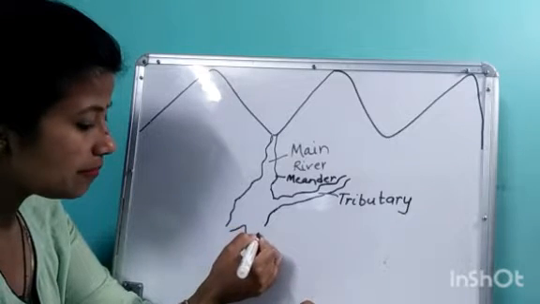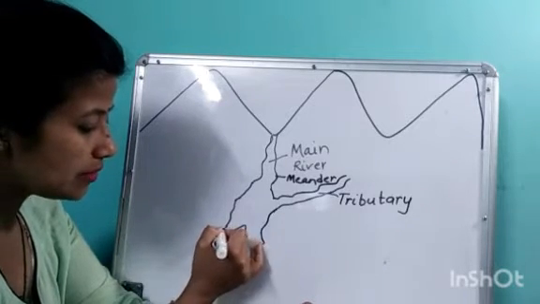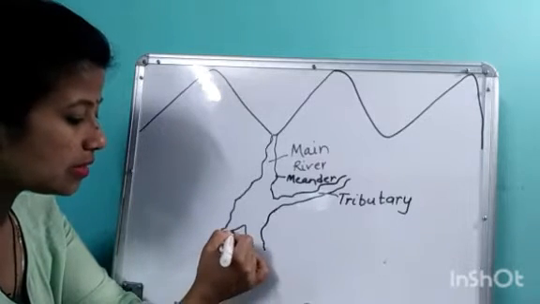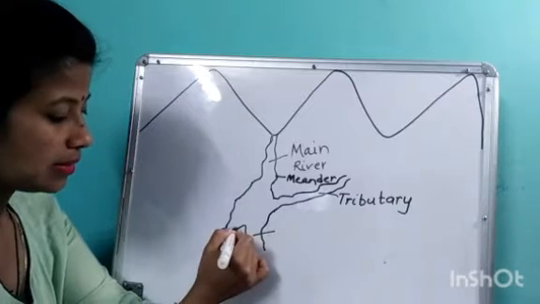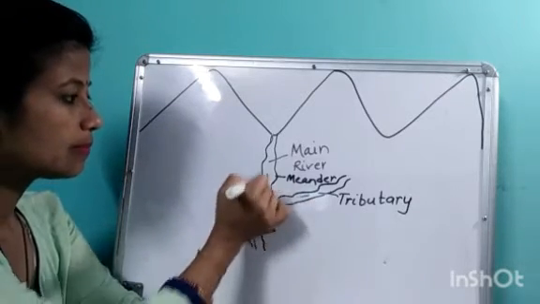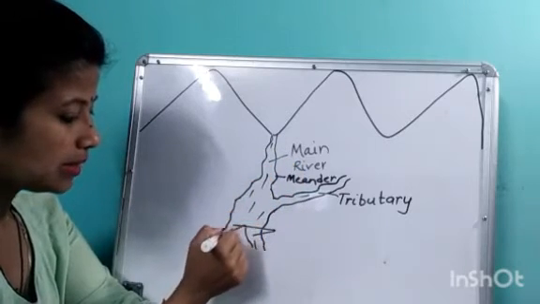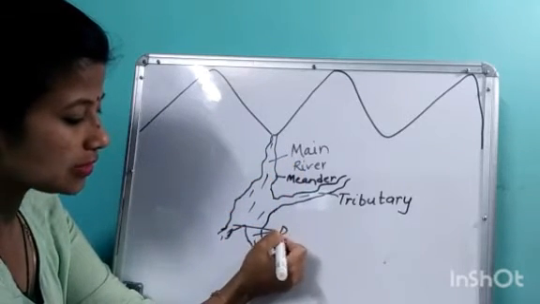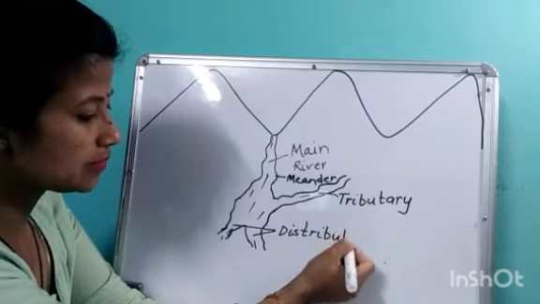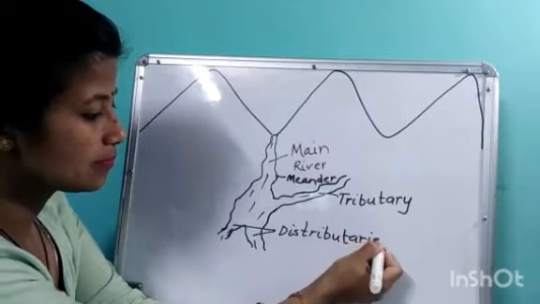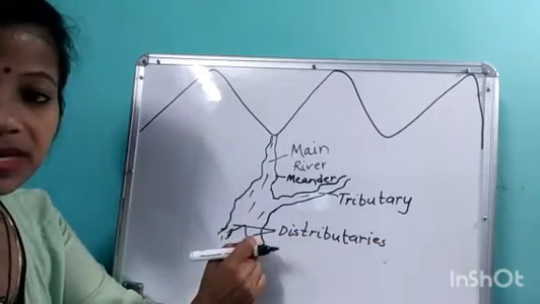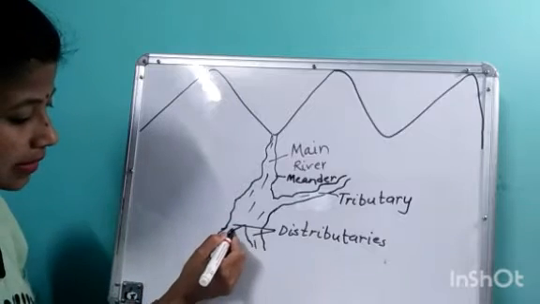Then if this river splits here, or is divided into parts, into two rivers, these rivers will be the distributaries. These two rivers are distributaries of this main river. Then what happens?